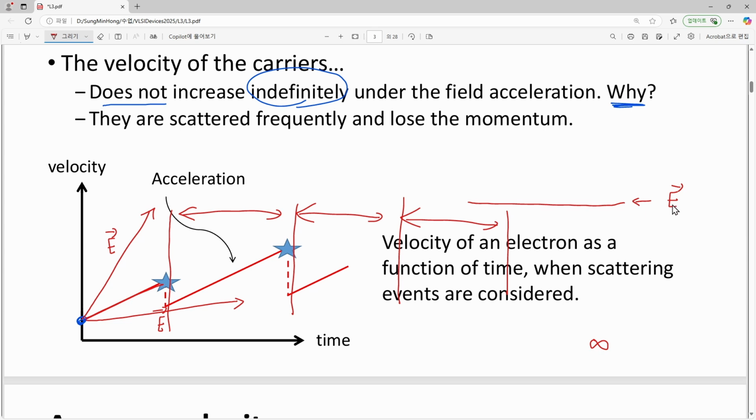So if we have higher and higher electric field, then the eventual velocity will be higher. And if we drive our electron with a relatively low electric field, then the final velocity will be lower than that of a higher electric field case.